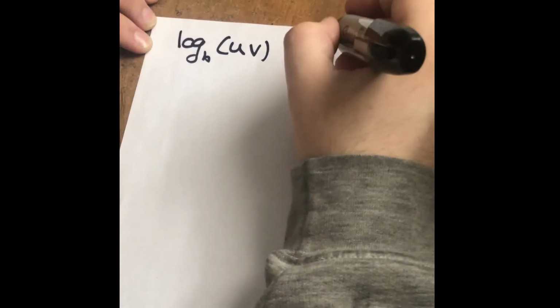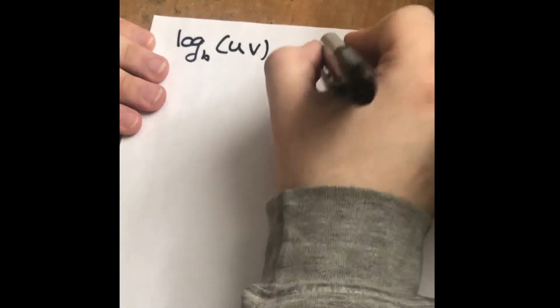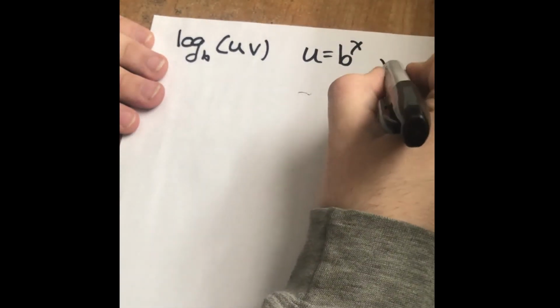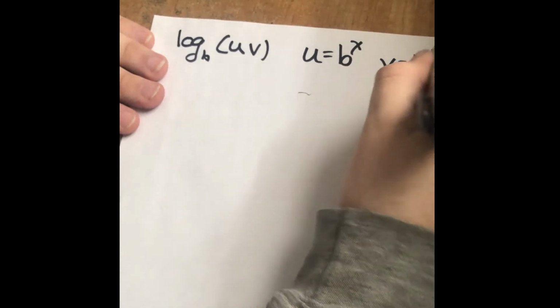So at this point of the video, I'm just going to go through how we can reason that these properties actually work. So if we have log base b of uv, what I'm going to do is say that u is equal to b to the x and v is equal to b to the y.